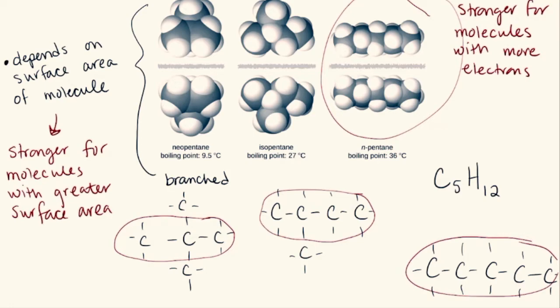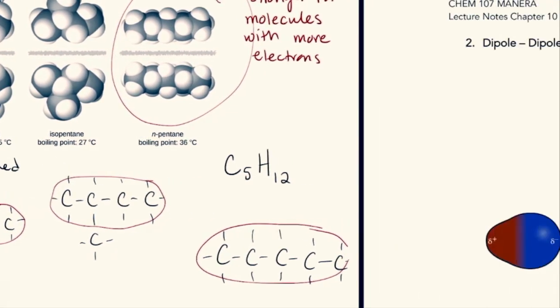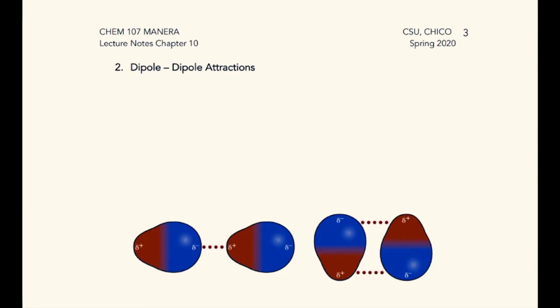So this is London dispersion forces. Again, it's the weakest of the three types that we're going to look at. The next type is a little bit stronger, and the type of attraction is going to look similar to London dispersion forces, but there is a key difference.